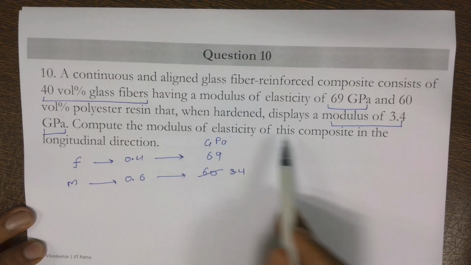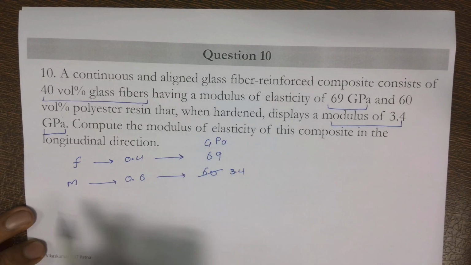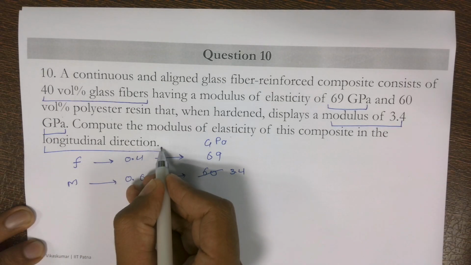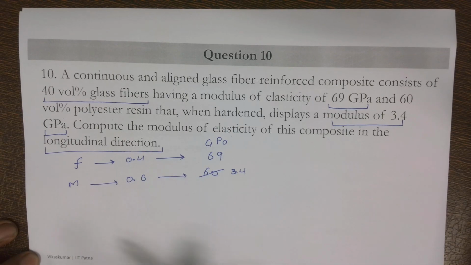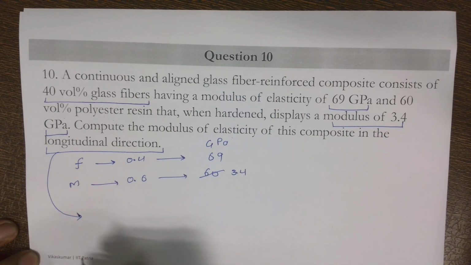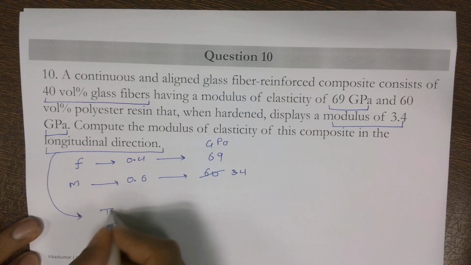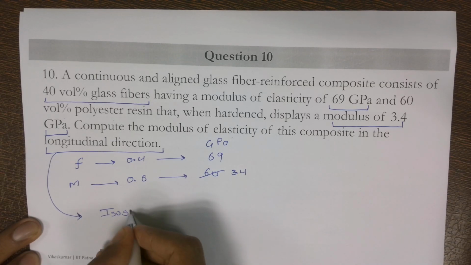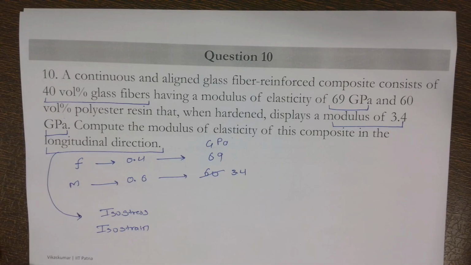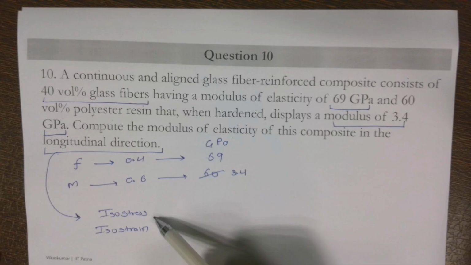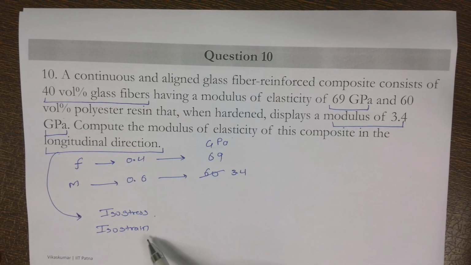Compute the modulus of elasticity for this composite in the longitudinal direction. This is something which we have discussed. Longitudinal direction, what does it imply, either isostress or isostrain? We discussed this part in the last question. This longitudinal direction, is it isostress or is it isostrain?